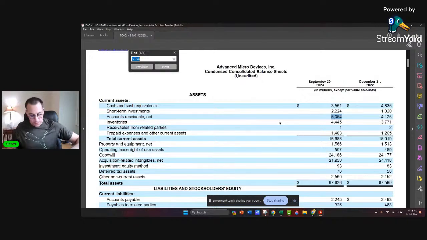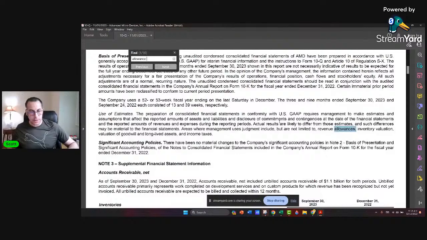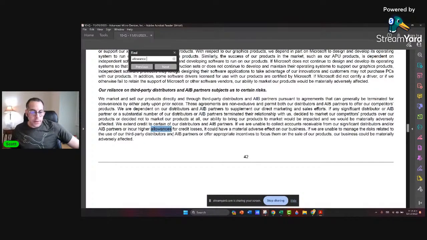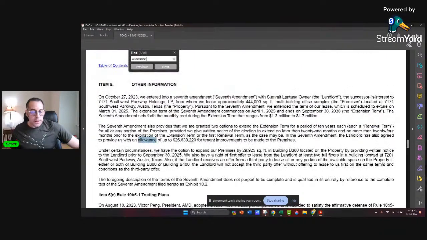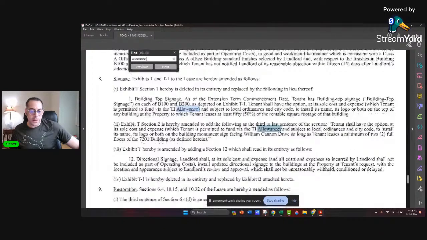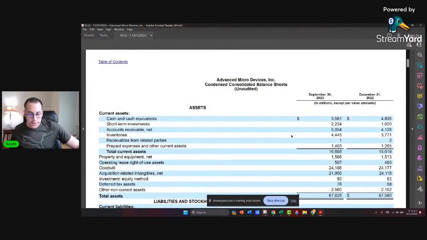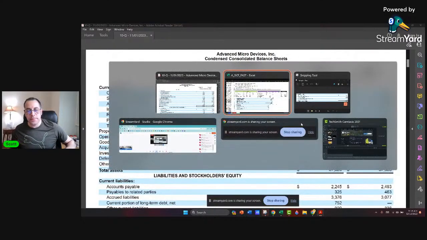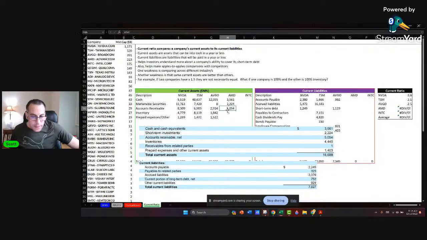Allowance for credit losses. Yeah, I don't think they list it. It's usually not too significant. But doing these exercises kind of clues you into other things, and it gives you more information.